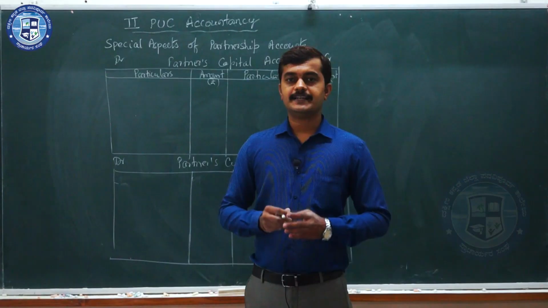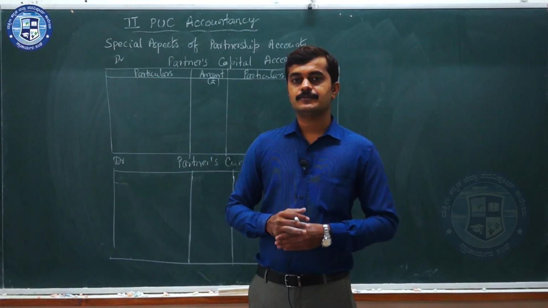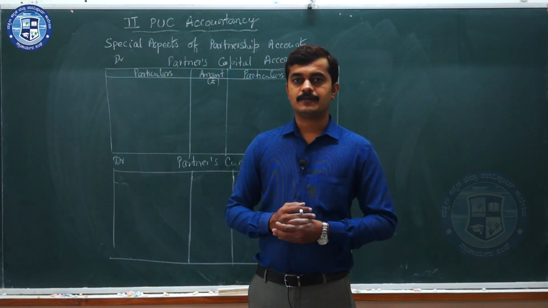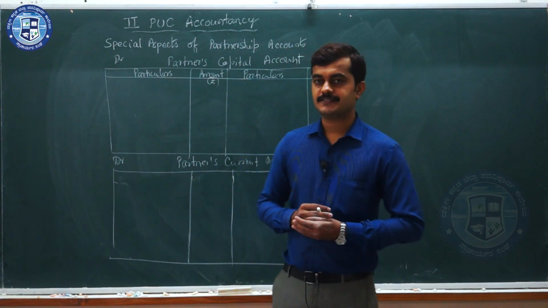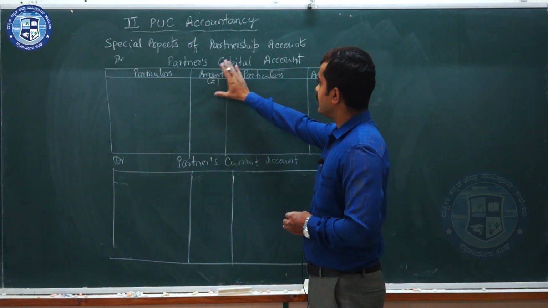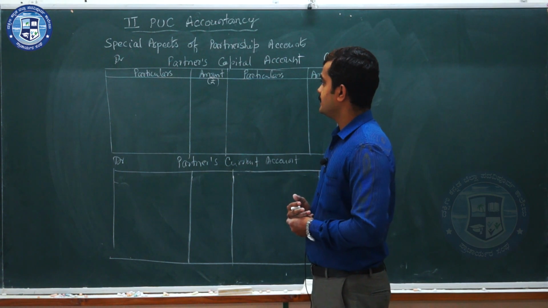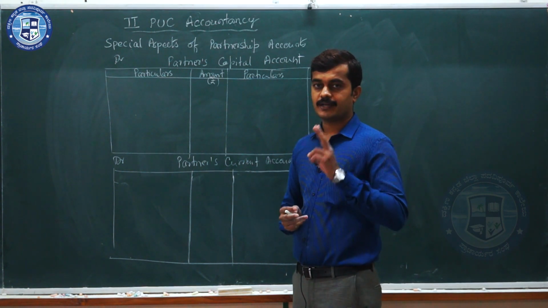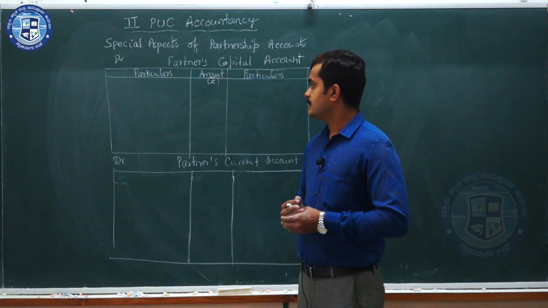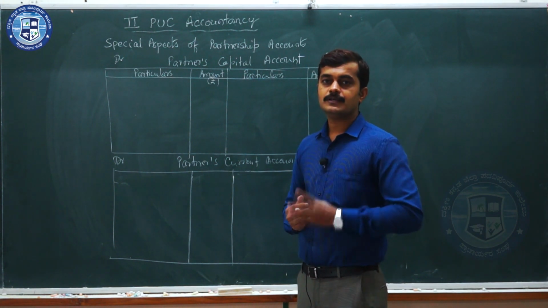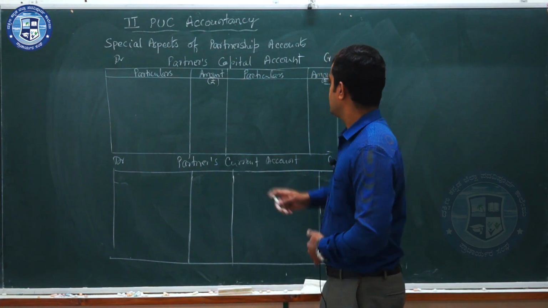Let us look at the formats of partners capital account and partners current account under fixed capital system. First we will look at the capital account. Under capital account, we will be recording only 2 transactions: one, capital contribution by the partner, another, withdrawal of capital.